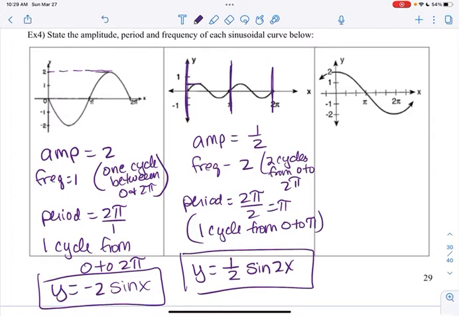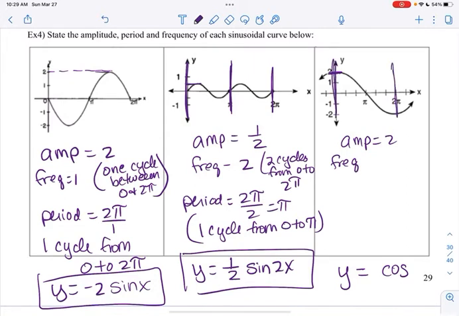Let's look at one that's a little bit stretched out. My amplitude is 2, because that's the height. By the way, this is a cosine graph, so let's keep that in mind when I go down to write it at the bottom. My frequency, okay, between 0 and 2 pi, I only have half of a cycle. So my frequency is 1/2.